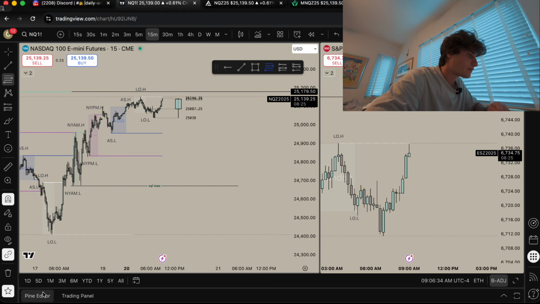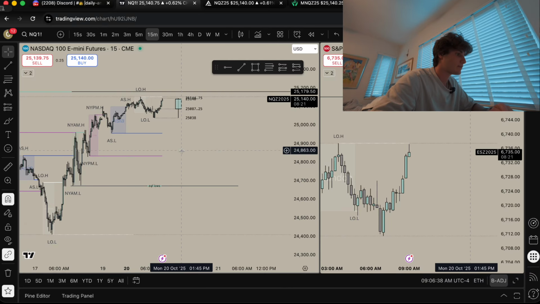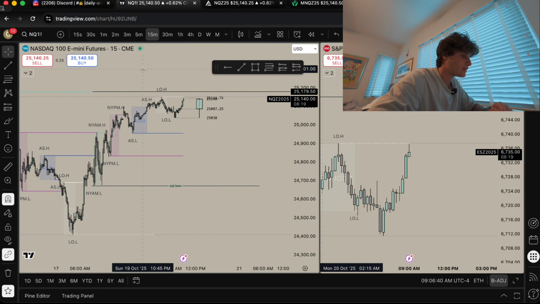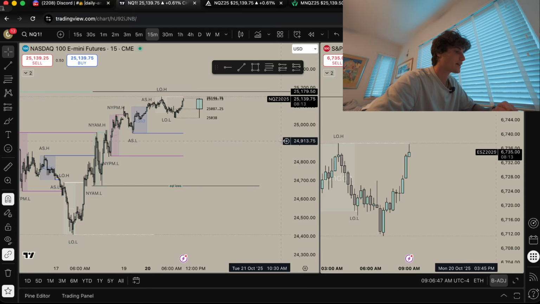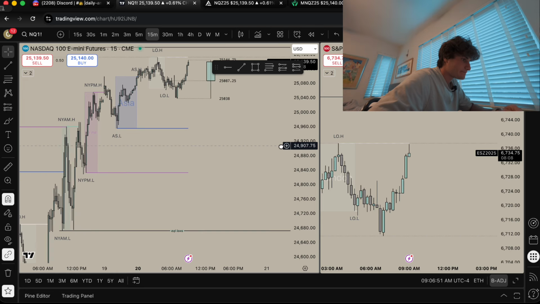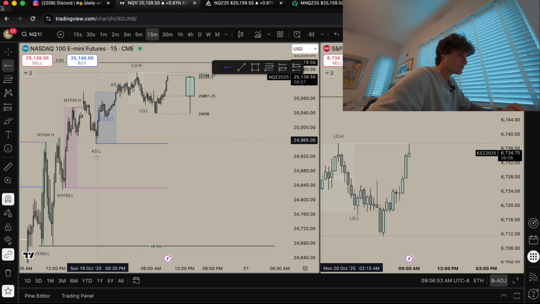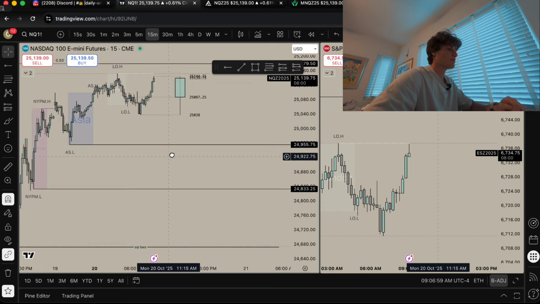Oh wait, never mind. It's actually a very solid draw. This is 25. Yeah, this is a lot. I thought it was way closer than it actually was. So yeah, I'm fine with that. We also have these lows, and then those lows. So those would be my draws for today.